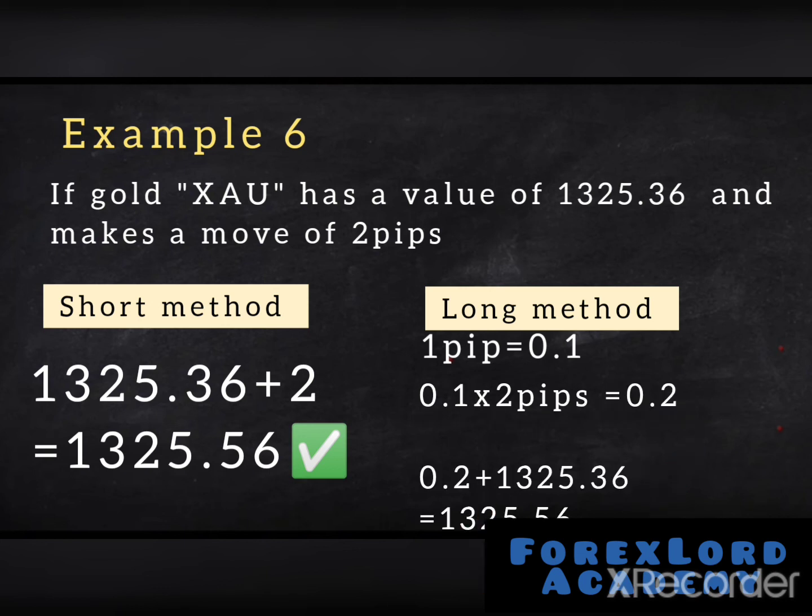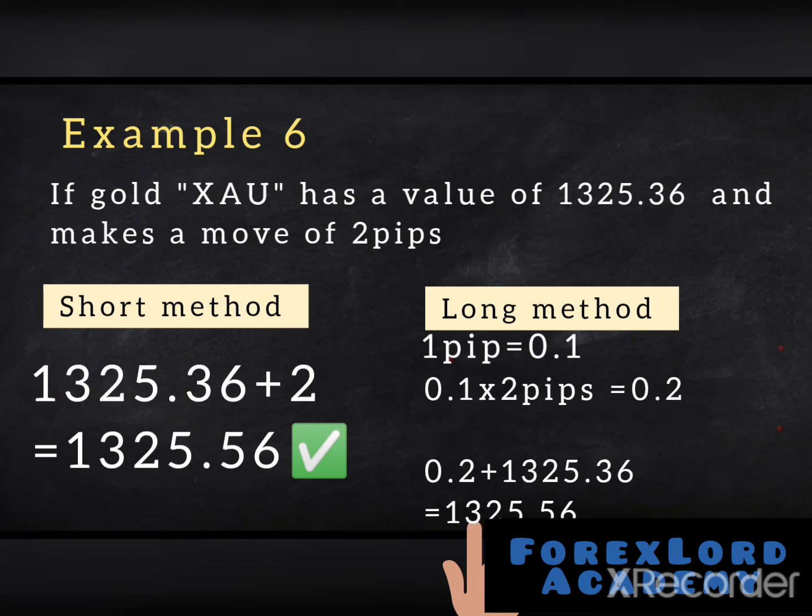Now, 0.2 plus 1325.36, the new value will give us 1325.56. Yes, that's the answer. I know most of you are calm now, right? You're taking your time to rewatch this from the beginning so you can understand what this guy has been talking about.